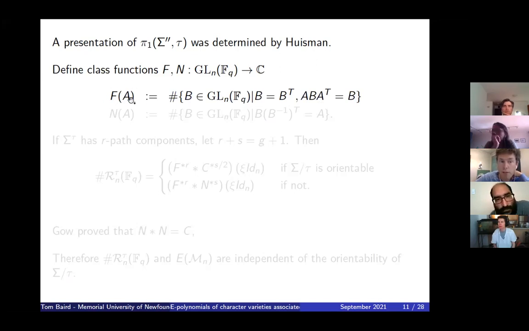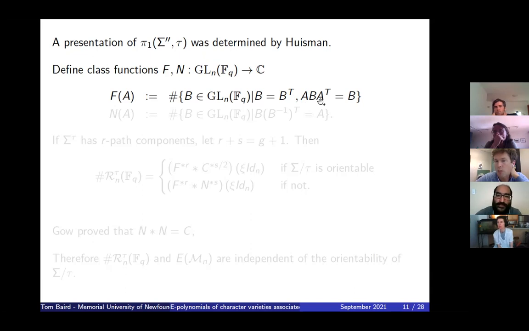f is given by the following formula. If I evaluate f at a matrix A, then I'm just counting matrices B which are symmetric and satisfy this identity: A B A transpose equals B. The way you might interpret this is, B determines a non-degenerate symmetric bilinear form because it's a symmetric matrix, and I'm looking for symmetric bilinear forms for which A is orthogonal.